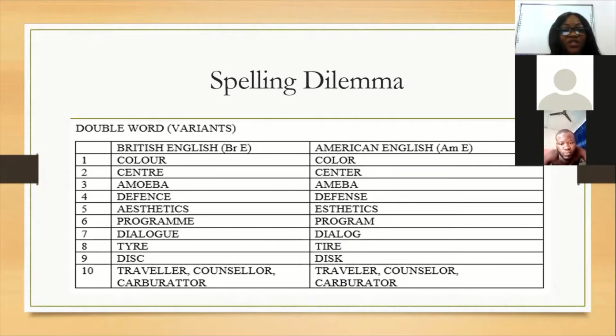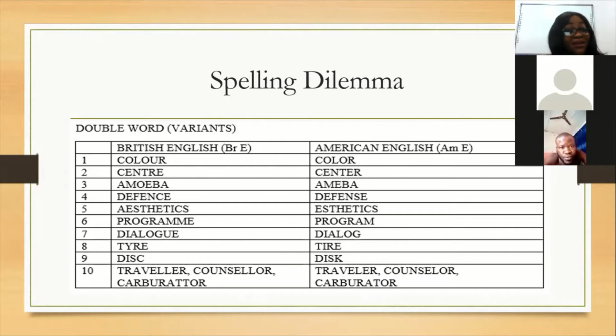Whether you use the British, you must be consistent in British spelling. And if you want to use American English, you must be consistent in American spelling. But I always advise my students to stick to British spelling, not because American spelling is wrong, but because that is what we are used to in Nigeria.